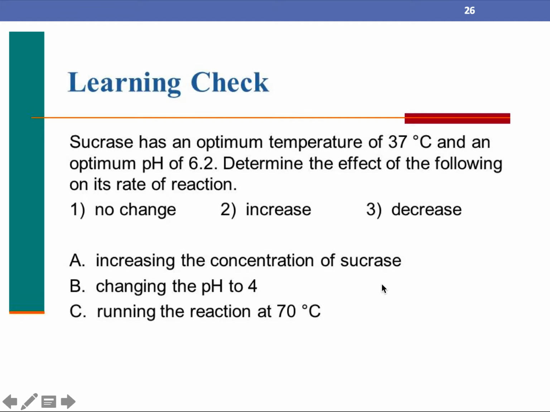What about when you increase the temperature from 37 degrees Celsius to 70 degrees Celsius? If you increase the temperature to 70 degrees Celsius, most likely you will denature the protein in the sucrase enzyme, and therefore the rate of reaction will decrease.